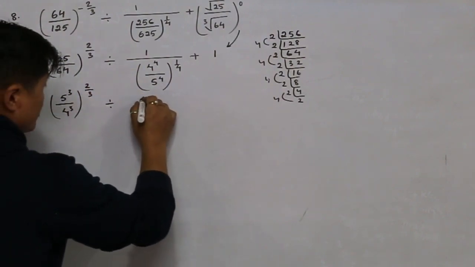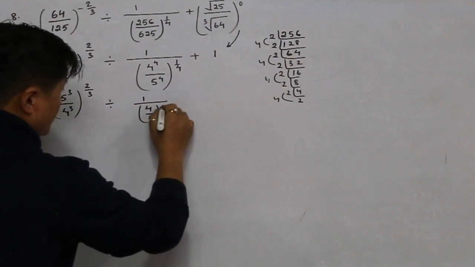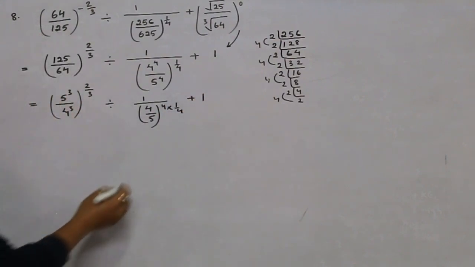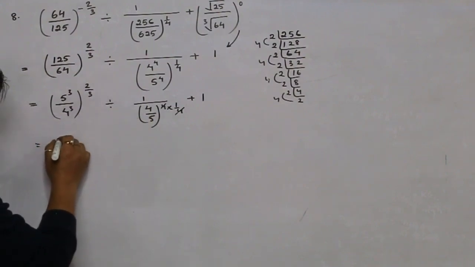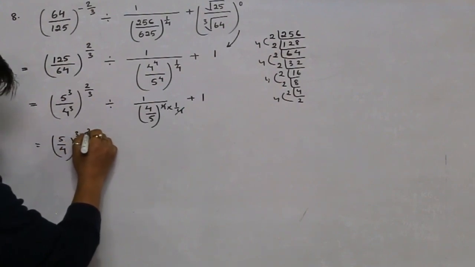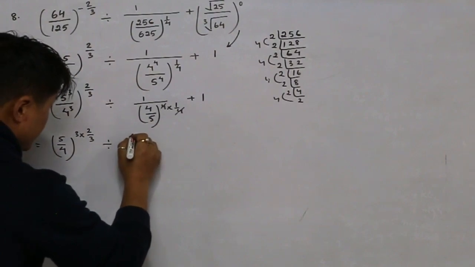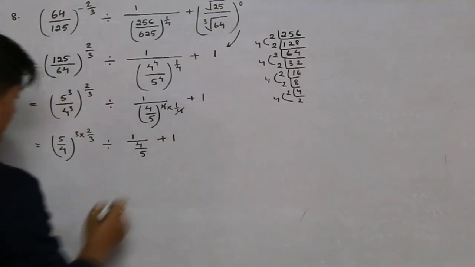Divided by, this can be written as 1 upon 4 divided by 5, whole to the power 4 into 1 by 4, plus 1. So we can have this 4 cancel. Here also 5 upon 4 whole to the power 3 into 2 by 3, divided by, this can be written as 1 upon 4 upon 5, plus 1.